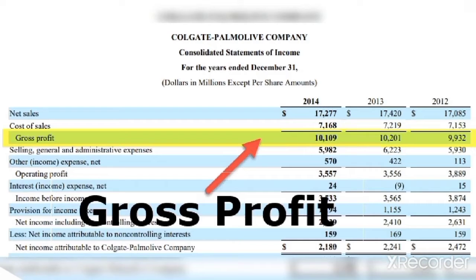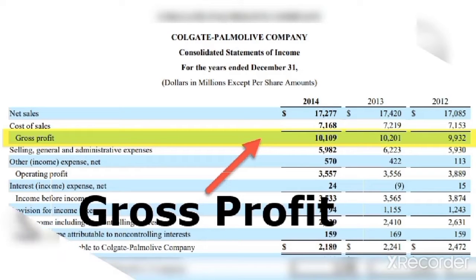Gross profit is the excess of sales over cost of goods sold. And to get your gross profit, all you need to do is your sales minus cost of goods sold. And whatever value you got is referred to as gross profit.